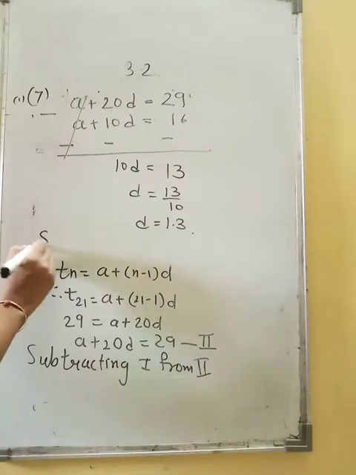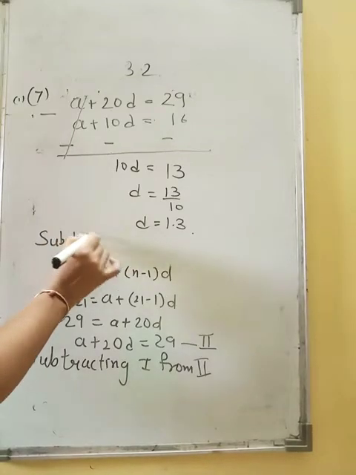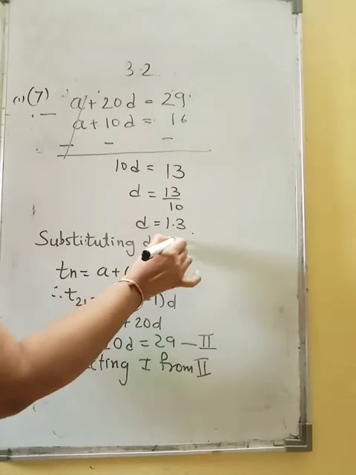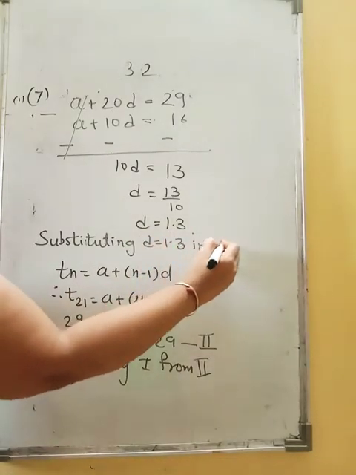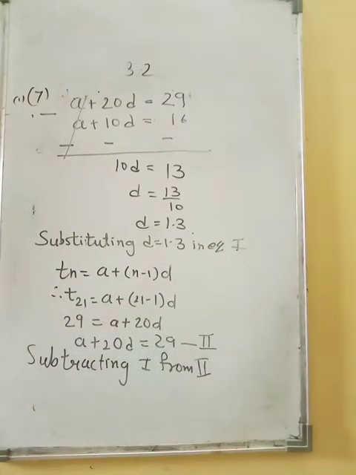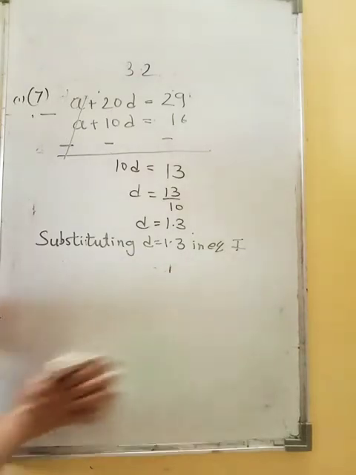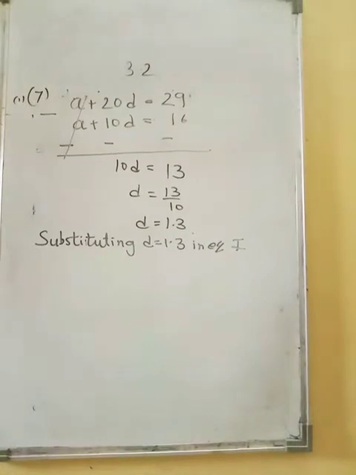So substituting D is equal to 1.3 in equation 1. Children, whenever you are doing any substitution, please do write that equation and then substitute. Don't directly substitute. First you write that equation and then do it.